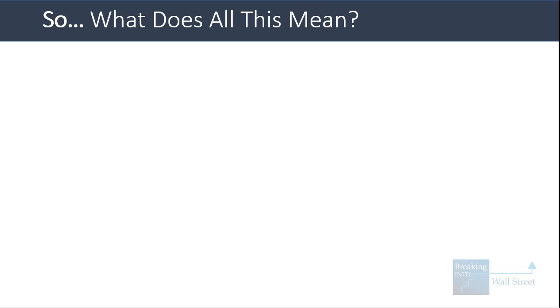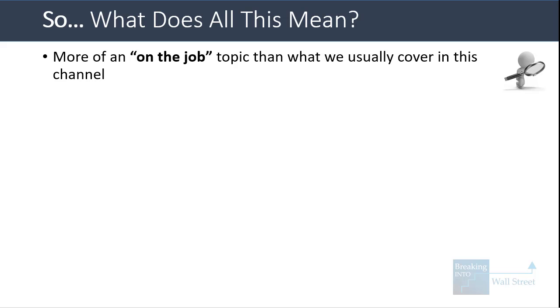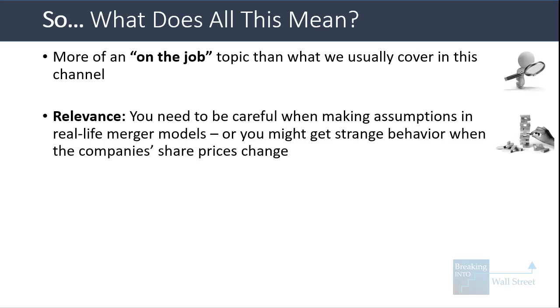You might now be asking what all this means and what relevance it has for you. The short answer is that this is definitely more of an on-the-job topic than what we usually cover in this channel. The relevance is that you need to be careful when making assumptions in merger models in real life, or you're going to get very strange behavior when companies' share prices start changing.